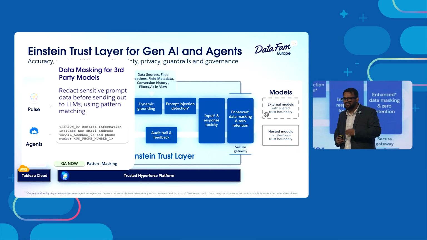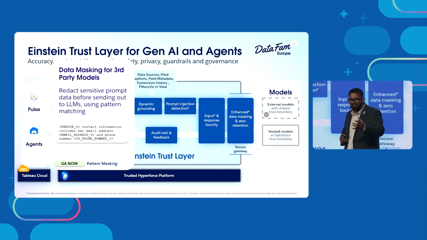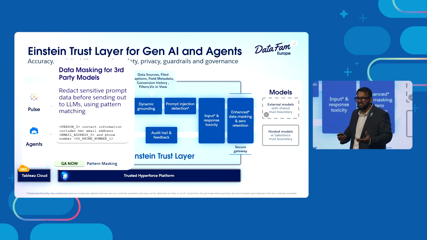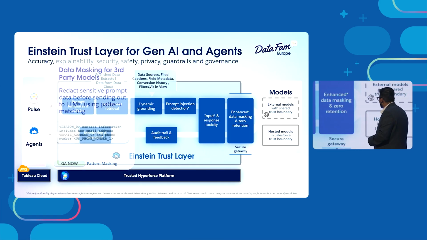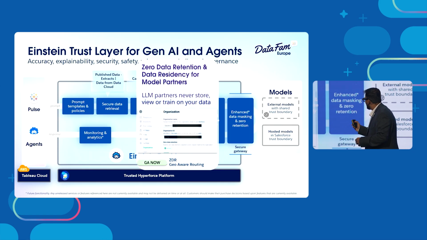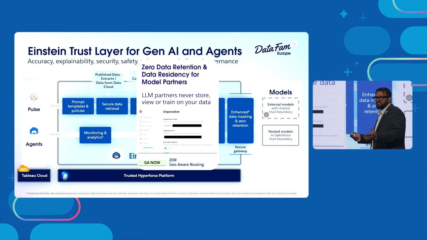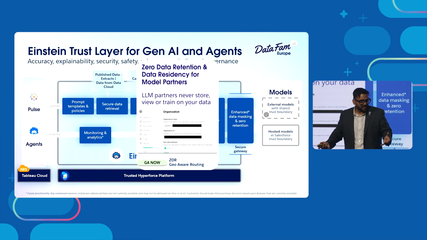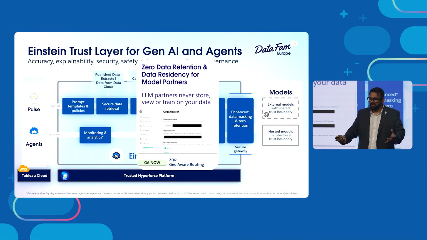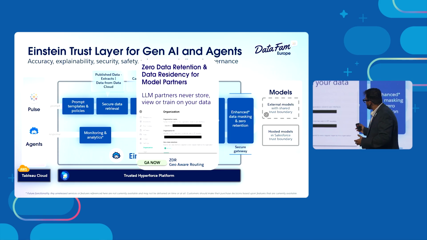If your data has names, emails, phone numbers, you can apply pattern-based data masking to make sure that information does not go out to the LLM. We also have what we call ZDR, zero data retention. Every single interaction with OpenAI or any of our foundation LLM partners is ephemeral, which means nothing is persisted.